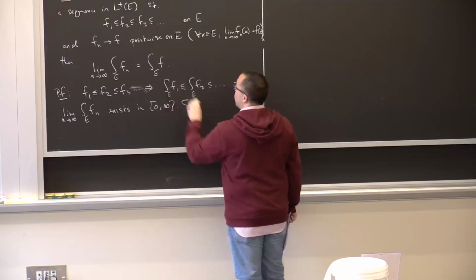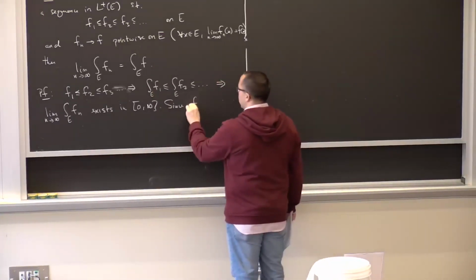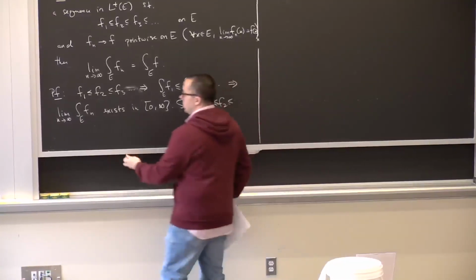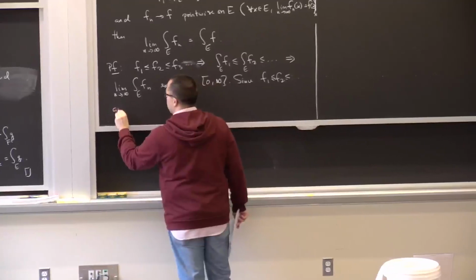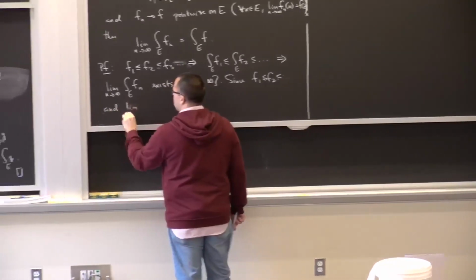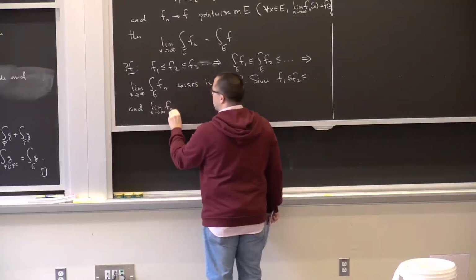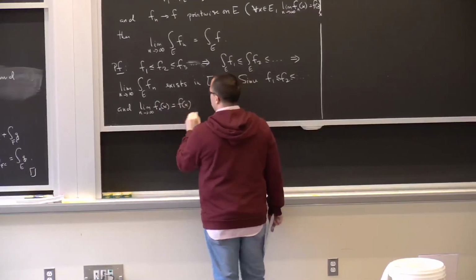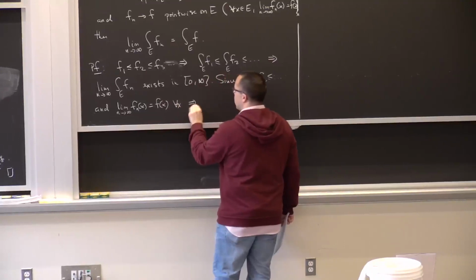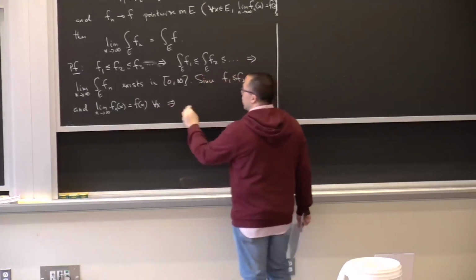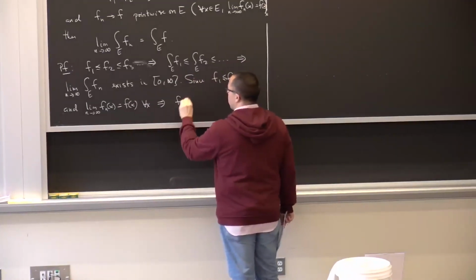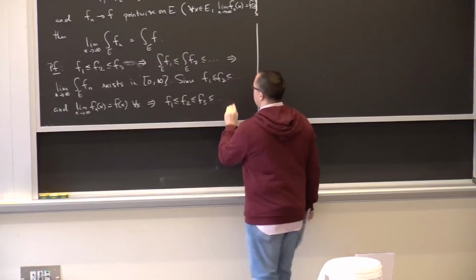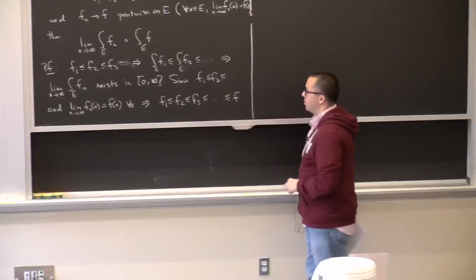Moreover, since they're pointwise increasing and converging to f for all x, this implies that we still have f1 is less than or equal to f3 and so on, but they all sit below f.